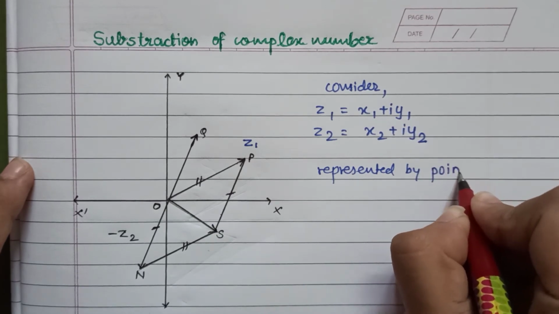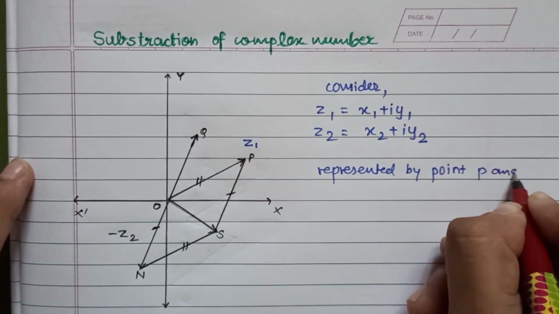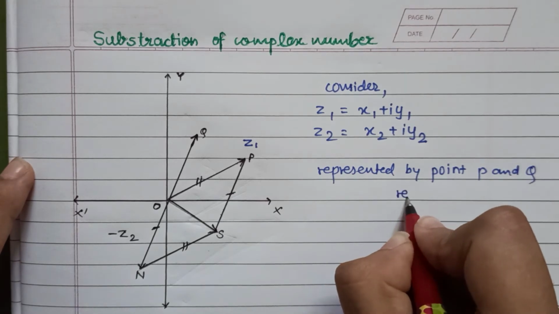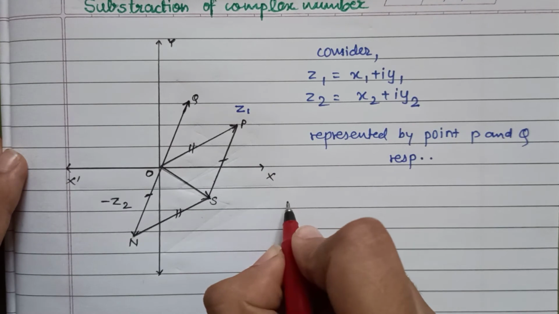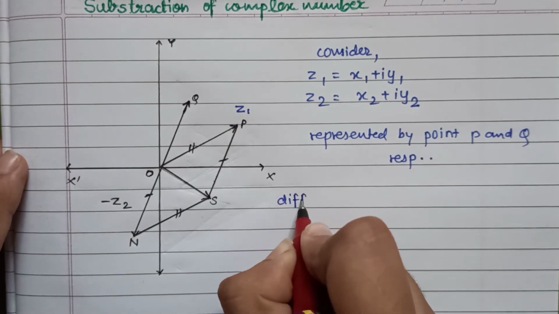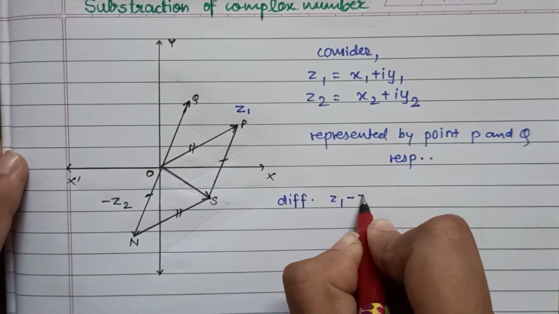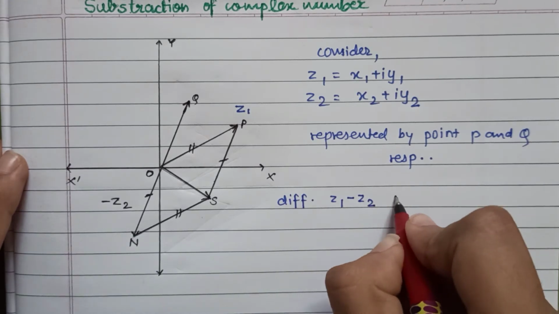Difference Z1 minus Z2 is also a complex number.